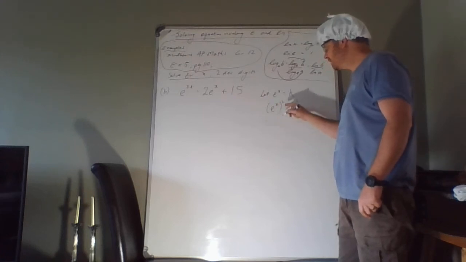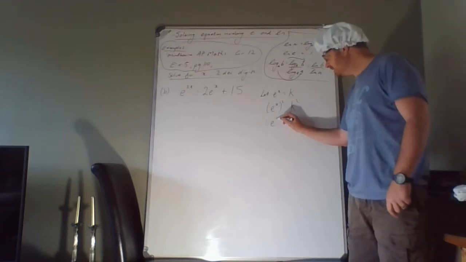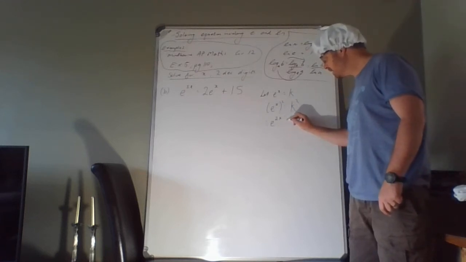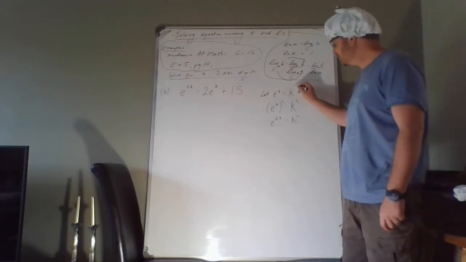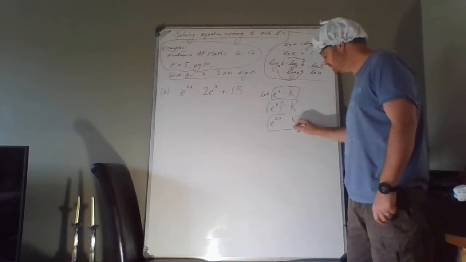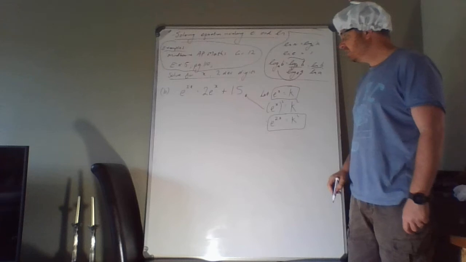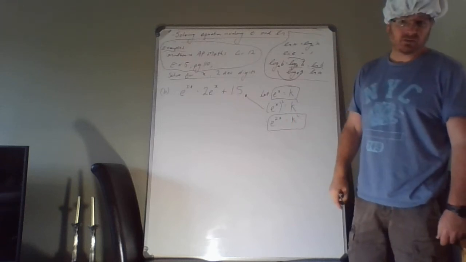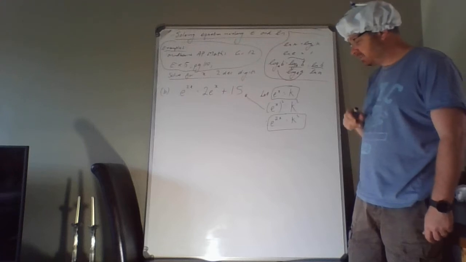E to the x raised to the power of 2, when you raise a power to another power, you multiply the exponents, so you get e to the 2x is equal to k squared. Okay? So in our substitution, where we see e to the x, we can replace it with k. Where I see e to the 2x, I can replace it with k squared. If I do that substitution in here, there's going to be no other variables apart from k. So then go solve for k. Right, off you go.